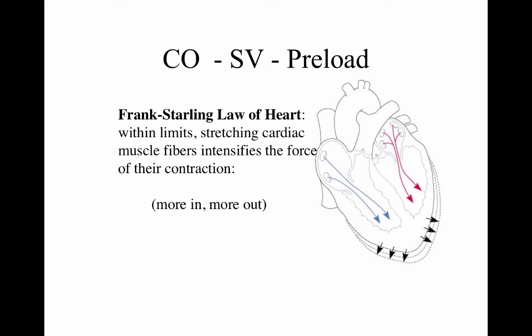Frank and Starling were physiologists in the late 1800s who did experiments on frog hearts that were then looked at as being indicative of a formulation of this law around 1914, so the early 1900s, that said that within limits, the stretching of cardiac muscle fibers will intensify the force of their contraction. So the more we stretch, kind of like blowing up a balloon, the more we stretch that cardiac muscle, the greater the contraction will be.